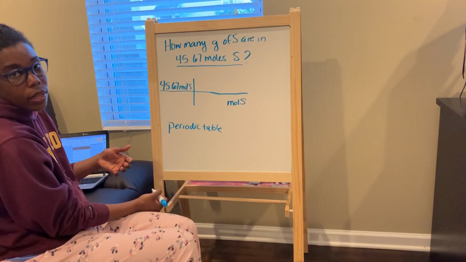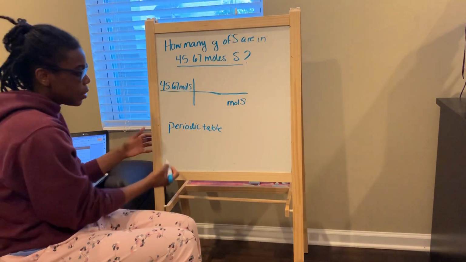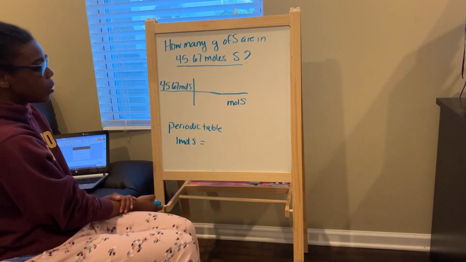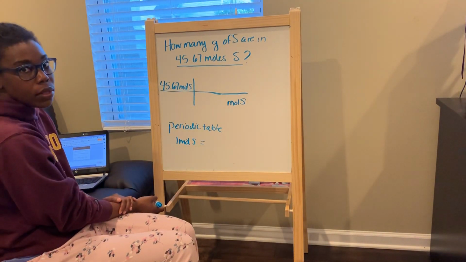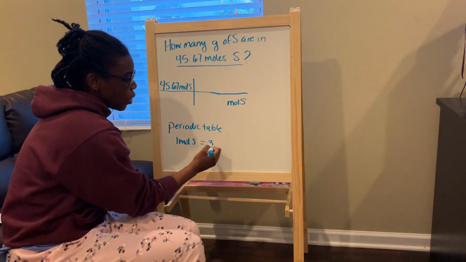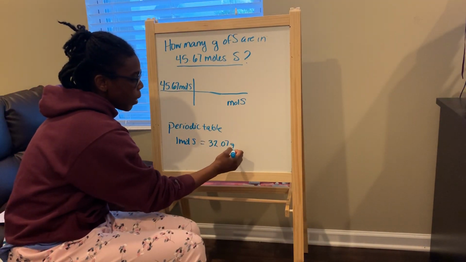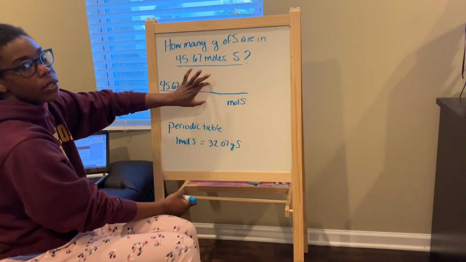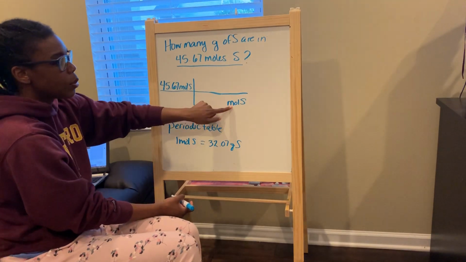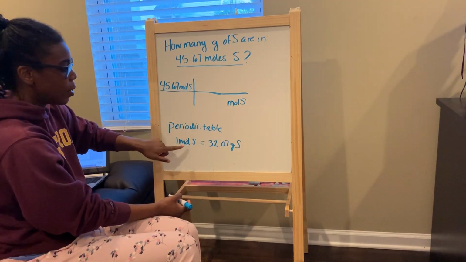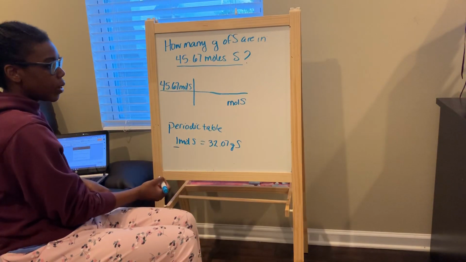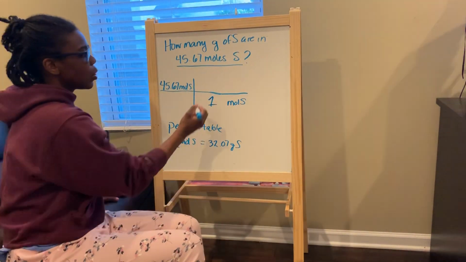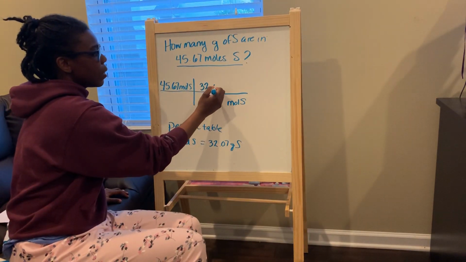If you look up the weight of sulfur on the periodic table, 1 mole of sulfur is the same as 32.07 grams of sulfur. This information is going to go in our conversion factor. Since moles go on the bottom, on the bottom goes 1 mole of sulfur and on the top goes 32.07 grams of sulfur.